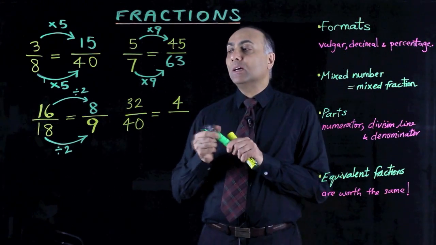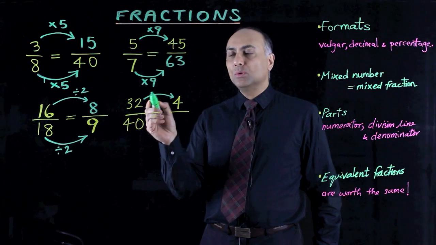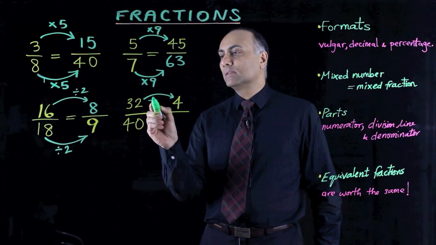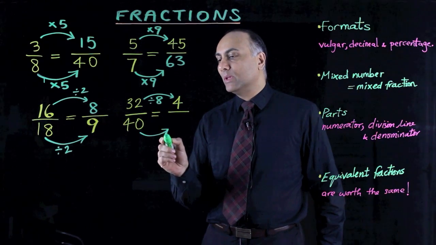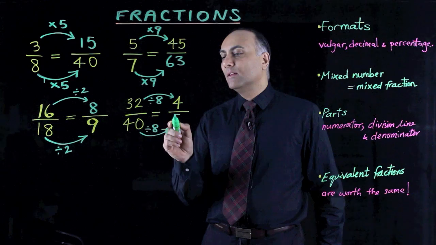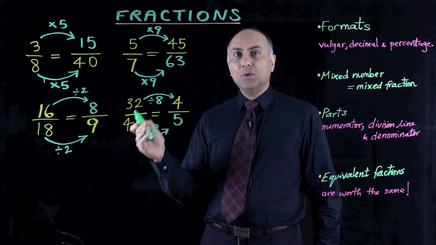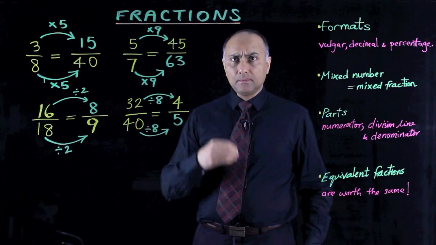Well, the numerator has been reduced. 32 divided by 8 makes 4. So we must repeat the same with the denominator. 40 divided by 8 would be 5. So 32/40 is equivalent to 4/5.